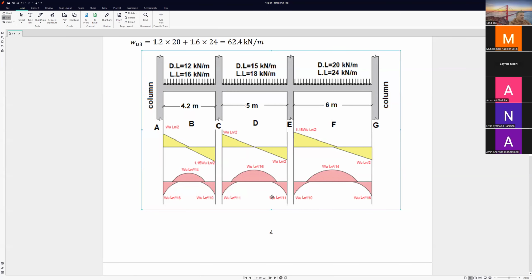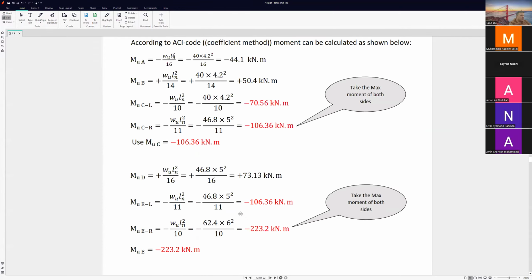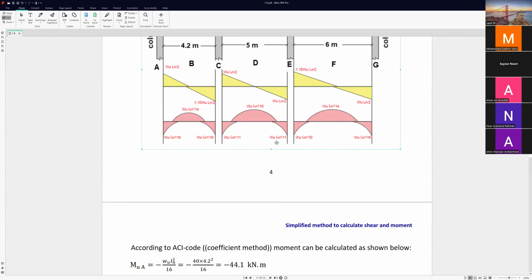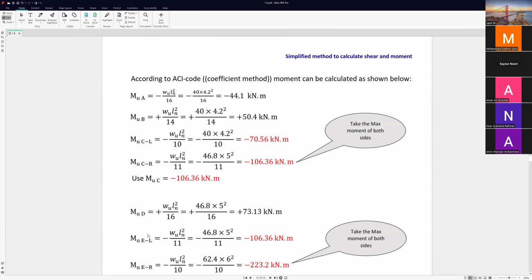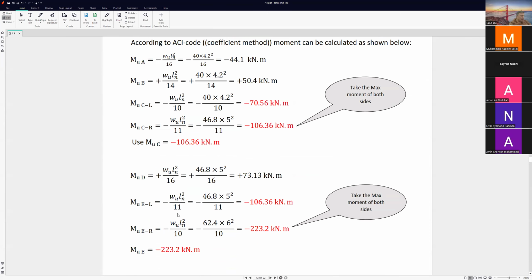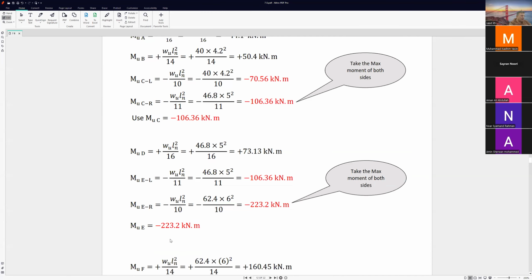So we should calculate this part individually and this part individually, and take the maximum one. So we have MUE at left, WL squared at 11 and WL squared at 10, and we should take the maximum one, 223.